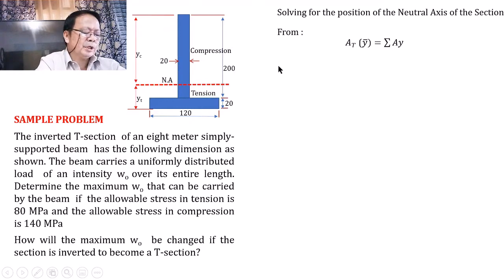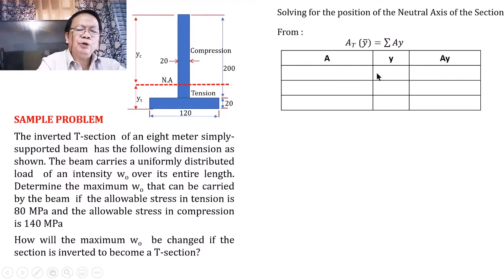If we subdivide this area into parts and use a tabulated form of computation, you have here three columns. The first is for the individual area, the magnitude of the area. The second is the location of the centroid of that area from the selected reference axis. And the third column is the product of the area and the distance of that centroid, called Ay.